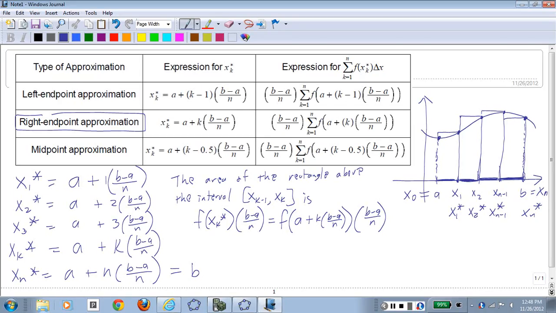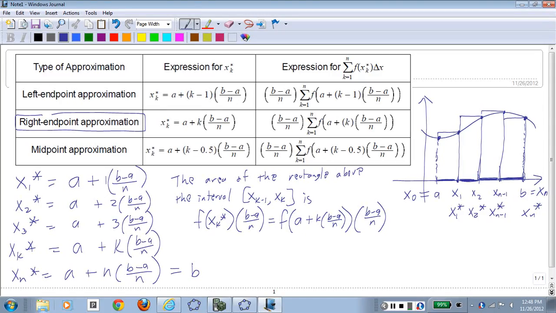Length times width, or however you want to say the area of a rectangle. Height of the rectangle times the width, the base of the rectangle. X sub K star is given by the expression there inside those parentheses.